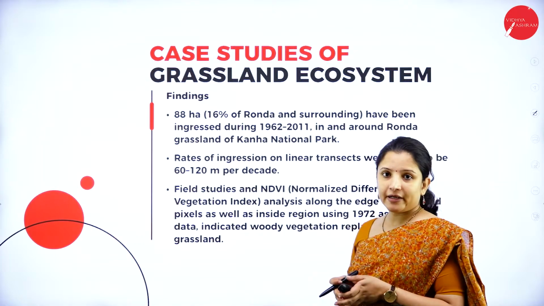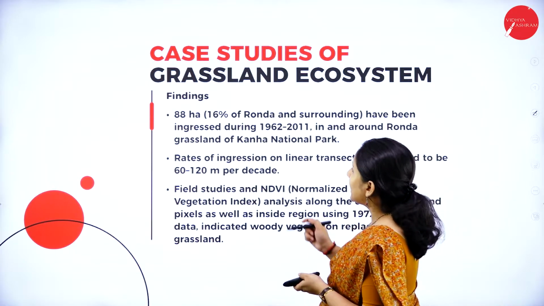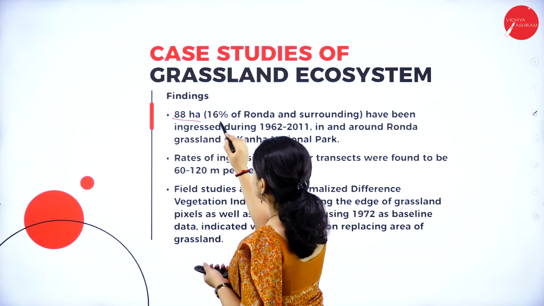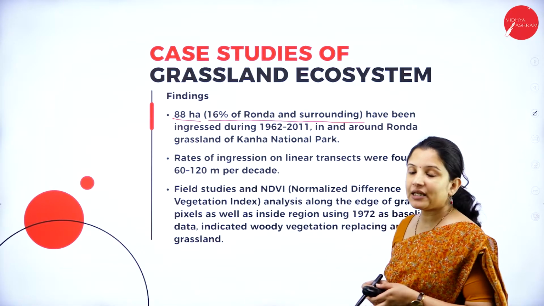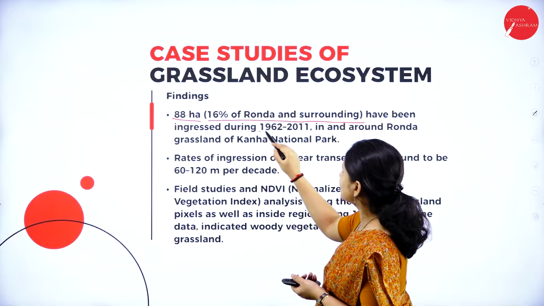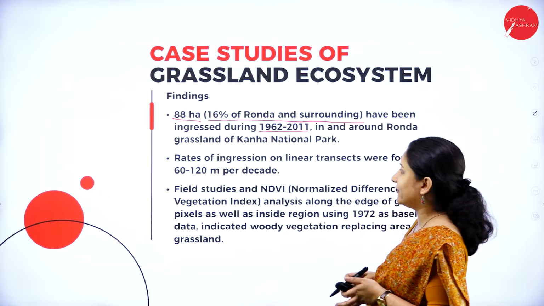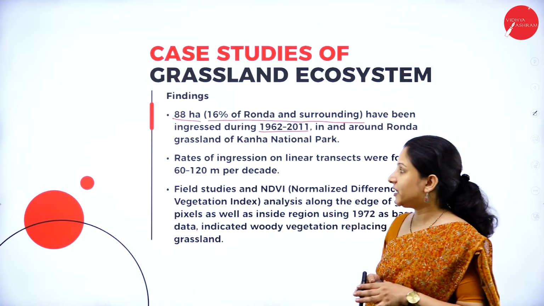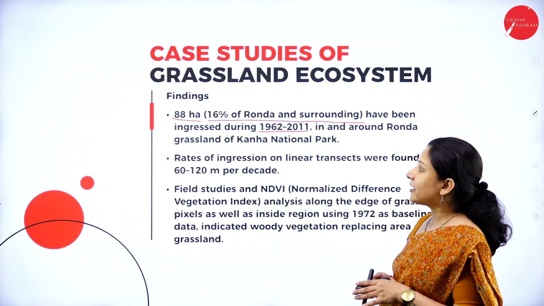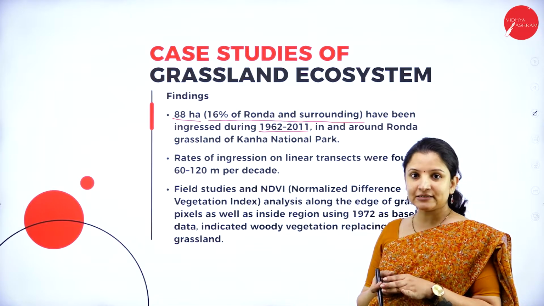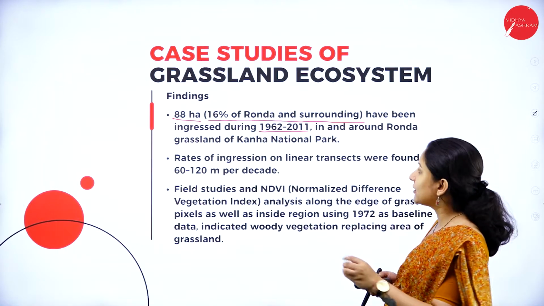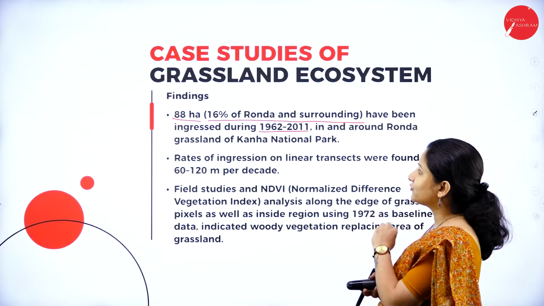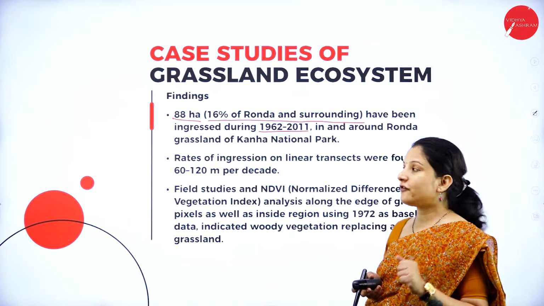So what did they find out? They found out that 88 hectares, that is 16% of Ronda and surrounding, was ingressed during 1962 to 2011. That is, about 88 hectares of grassland has reduced in Kanha National Park from 1962 to 2011, for 5 decades.